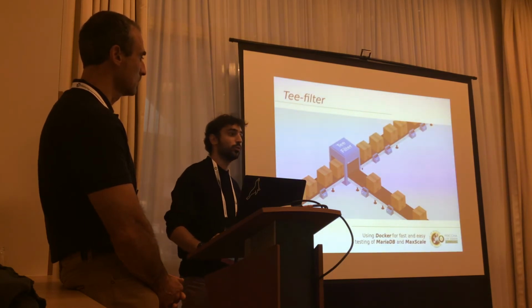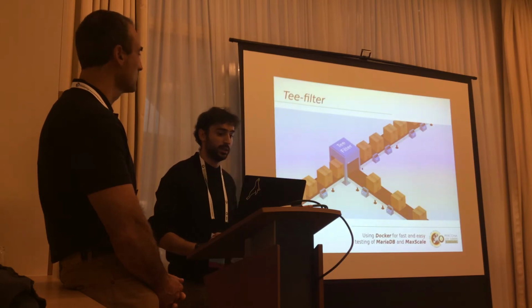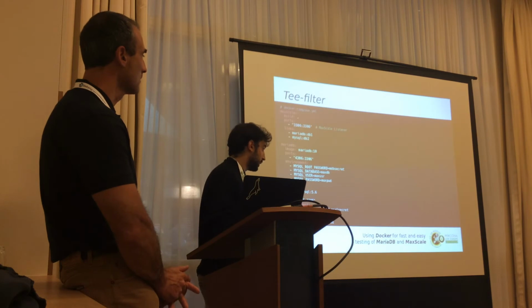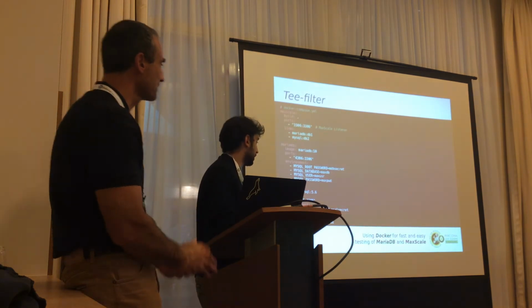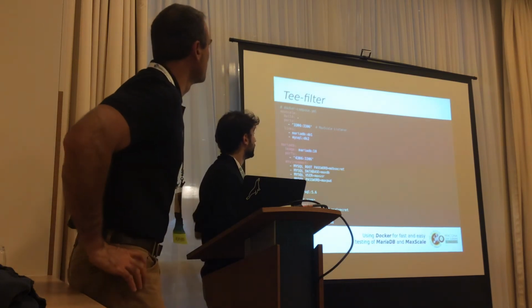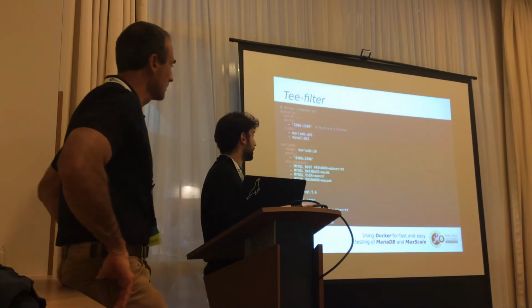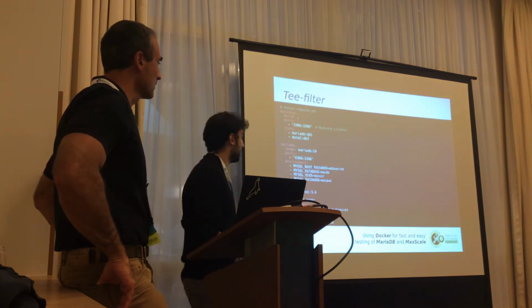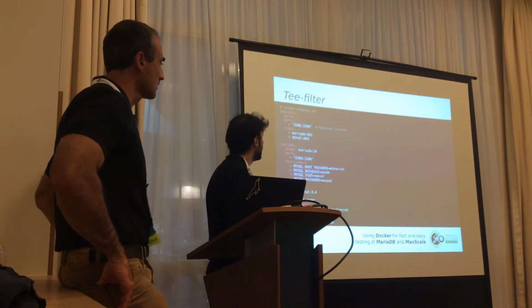It's just a way to duplicate the traffic within MaxScale. Again, the simplest architecture that we can imagine to test this feature is one composed of two database servers, one with MariaDB 10 and the other with MySQL. It doesn't matter which kind of version you use.